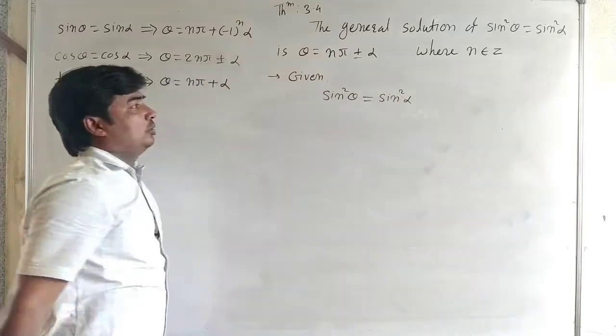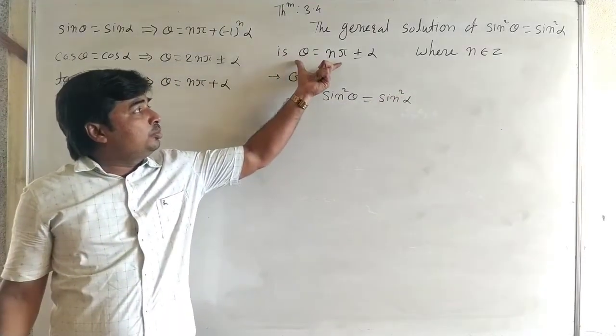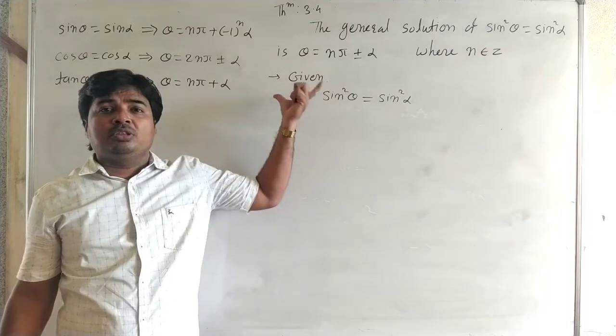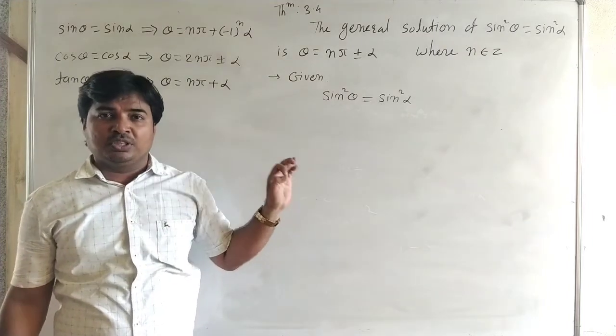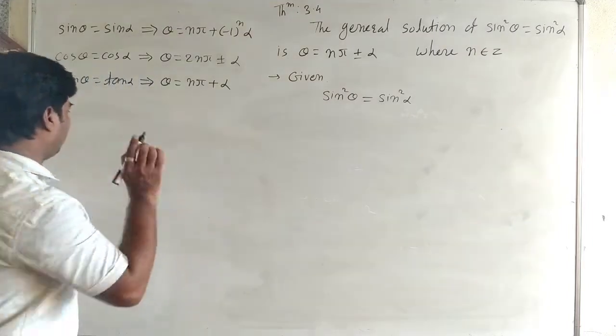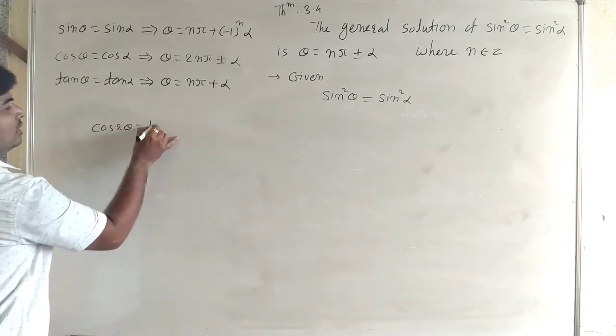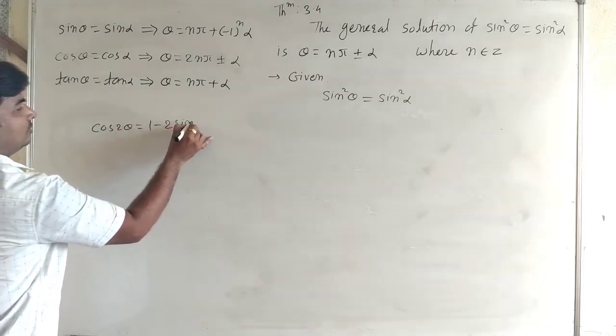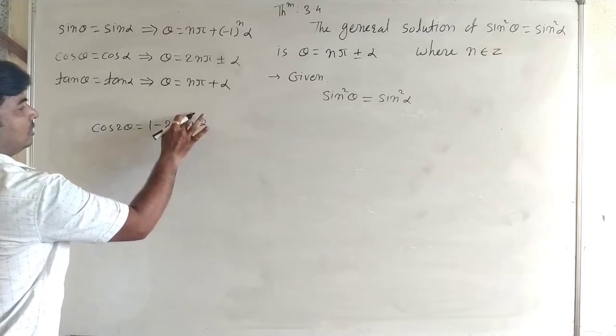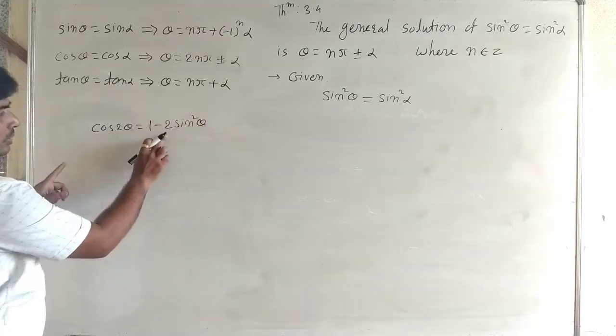Now to find the solution of this equation, here we use the multiple angle formula for sin square theta. We know the formula for cos 2 theta, it is 1 minus 2 sin square theta.